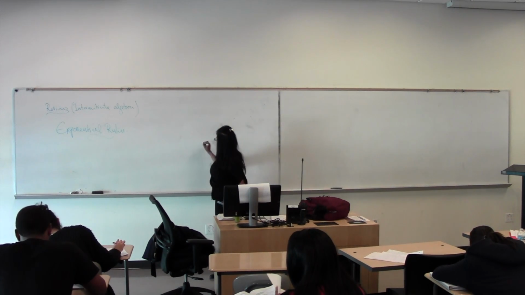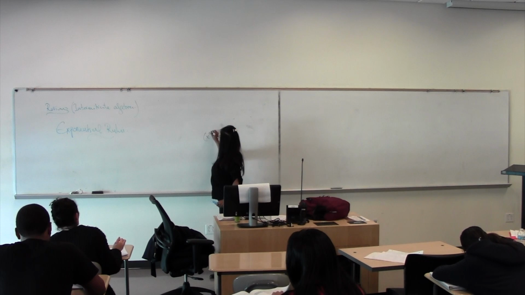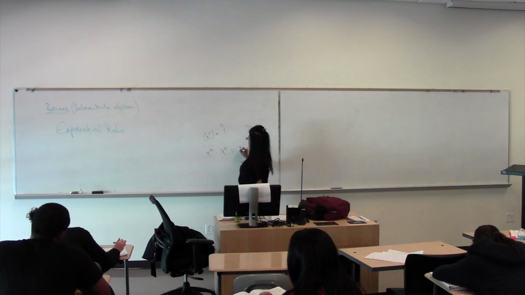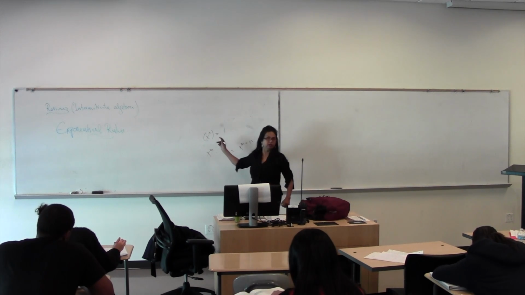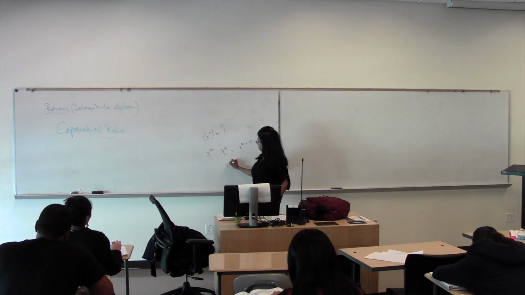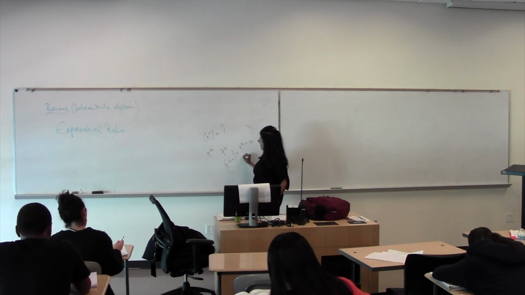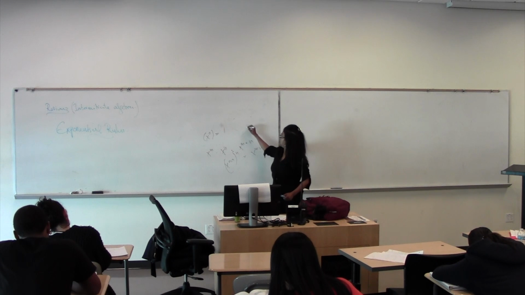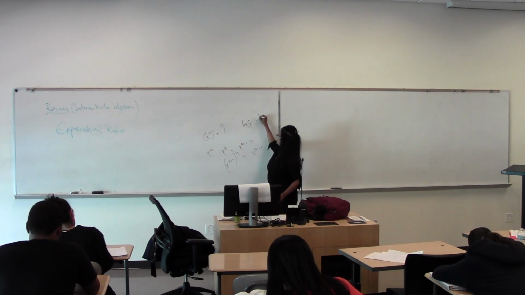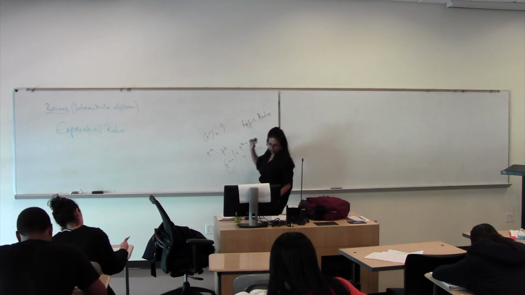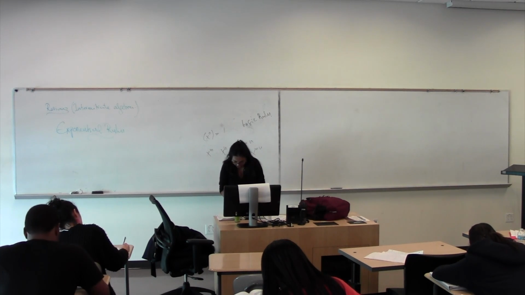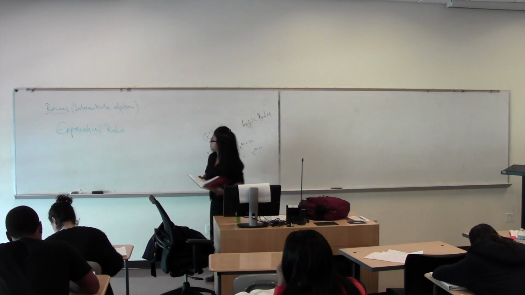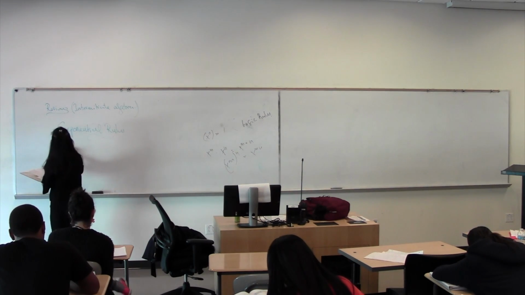It's things like x to the power 0 is equal to 1, x to the power m times x to the power n is x to the power m plus n, and x to the power m to the power n is x to the power mn. So you already know these basic rules.